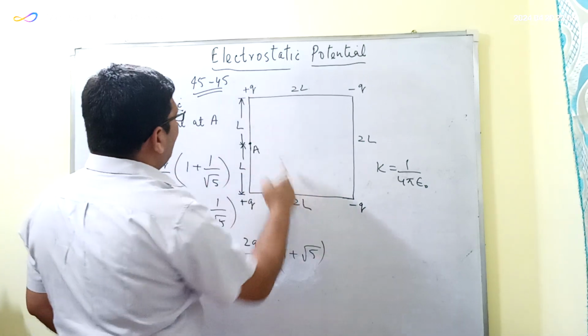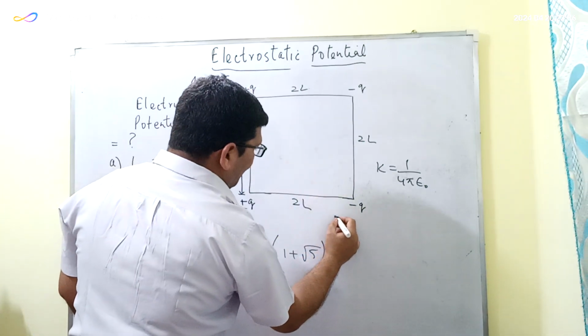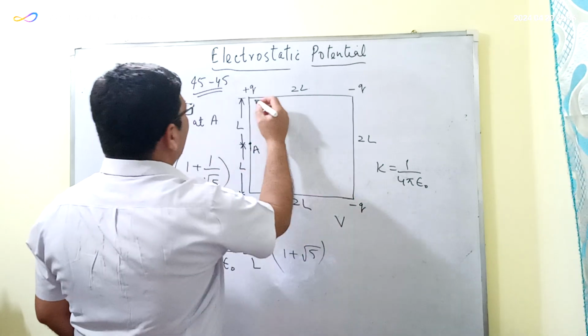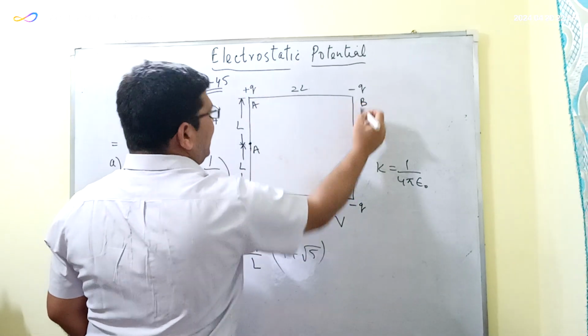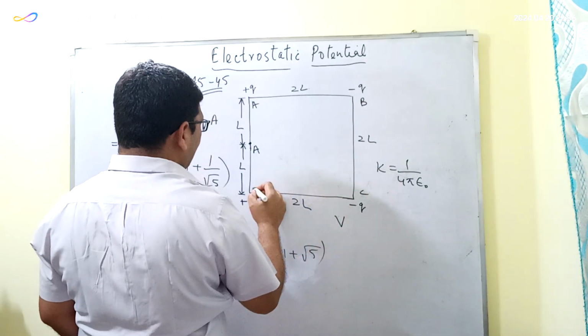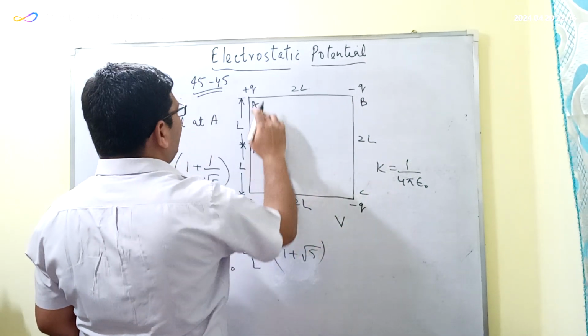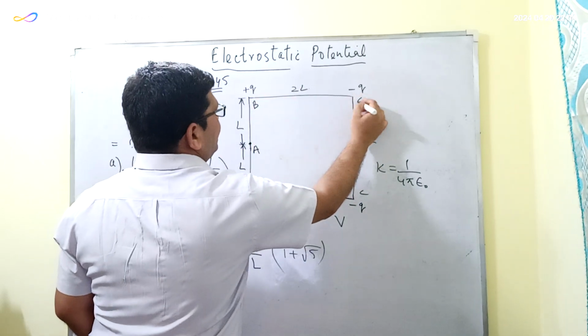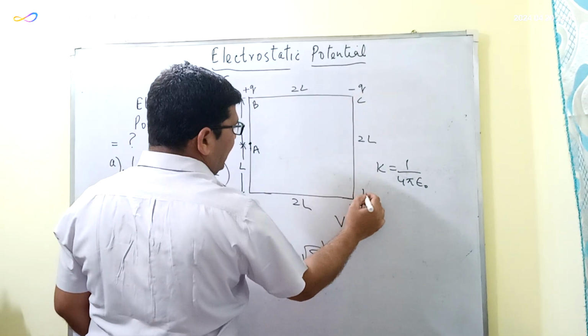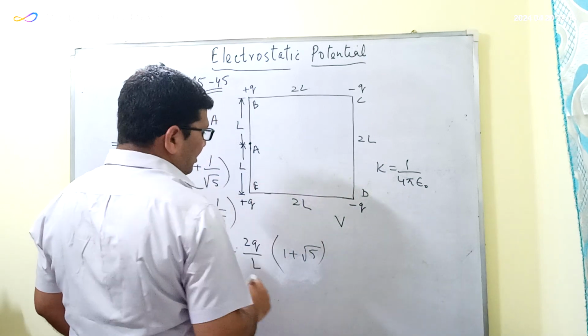So due to this plus Q charge, let us say I'm just taking this as point A, B, C. No, here it is A. So we will take that as B, C, D and E. Okay?